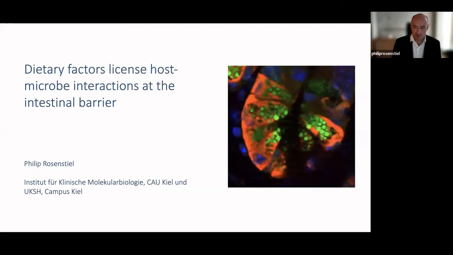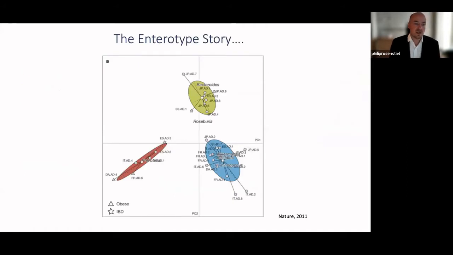That question really came up 10 years ago, and it was shaped by a vicious discussion around the so-called enterotypes, whether there are preferred states of this very chaotic and very individual constitution of the microbiome in the gut.